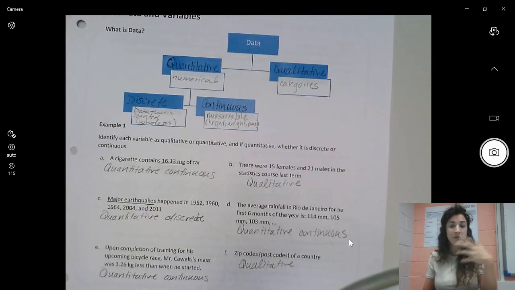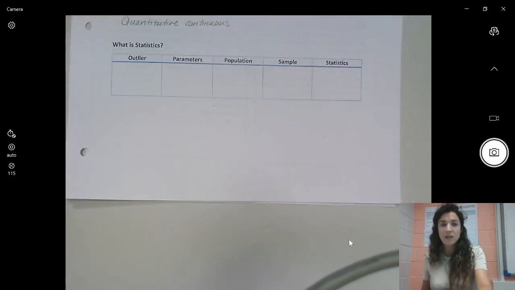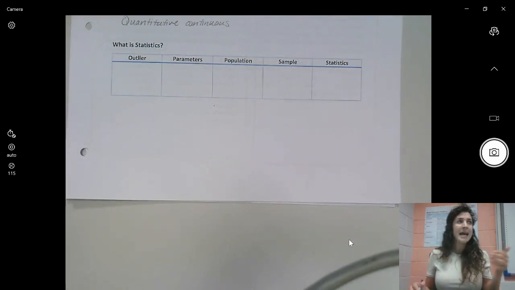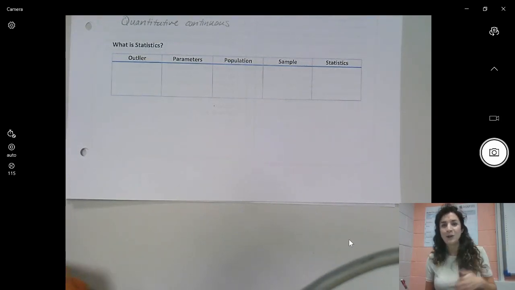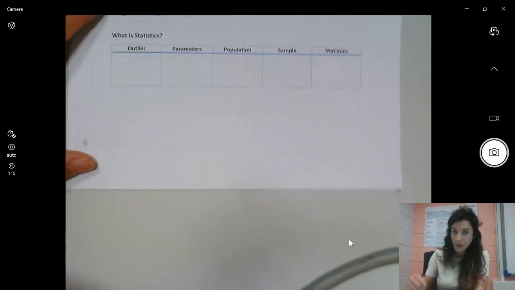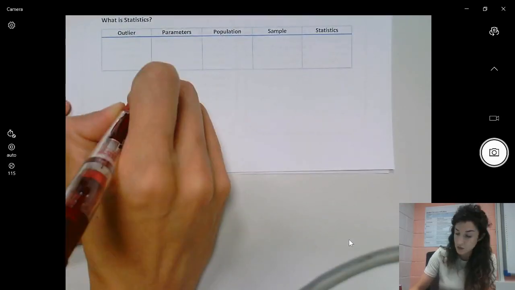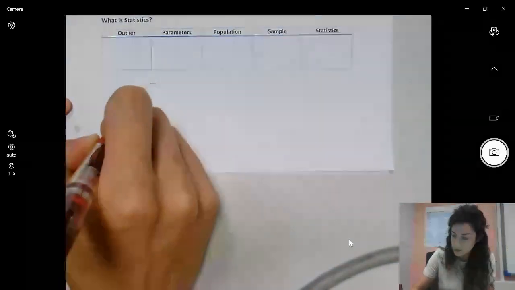So that's an overview of the different parts of data that go into what we're talking about. The next thing we're going to talk about is what a statistic is, or what statistics are. We're going to draw a little picture. With statistics, we start first with a population.